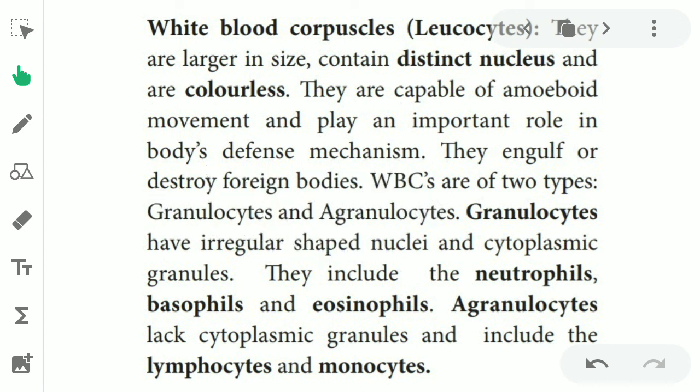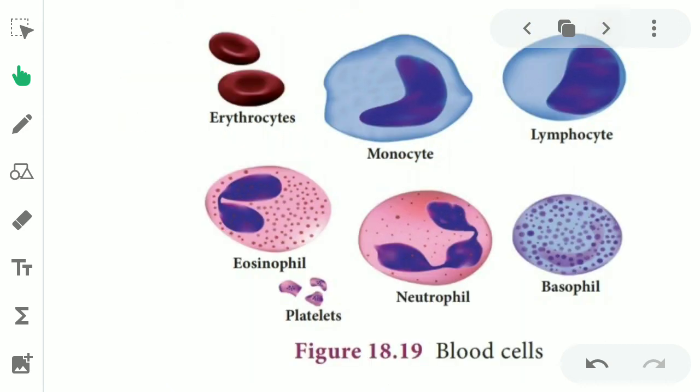Whenever foreign particles such as viruses or bacteria enter our body, the WBCs fight against them and engulf, that is, swallow and destroy them. WBCs are of two types, granulocytes and agranulocytes.